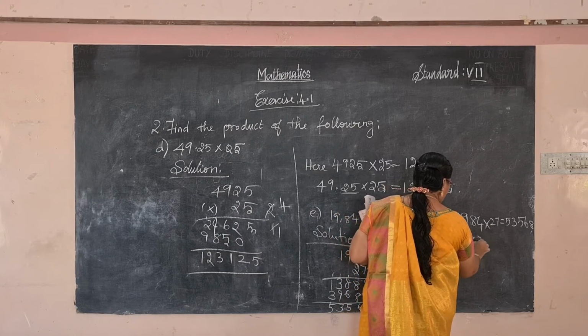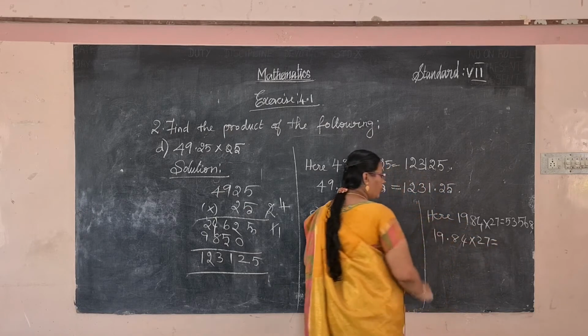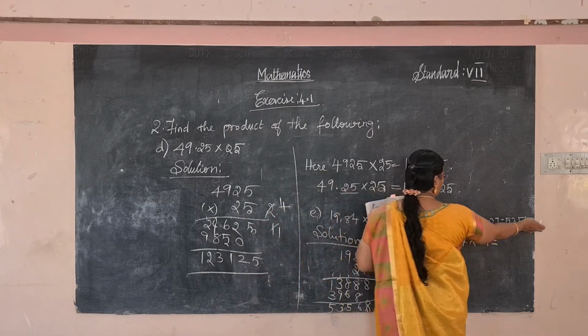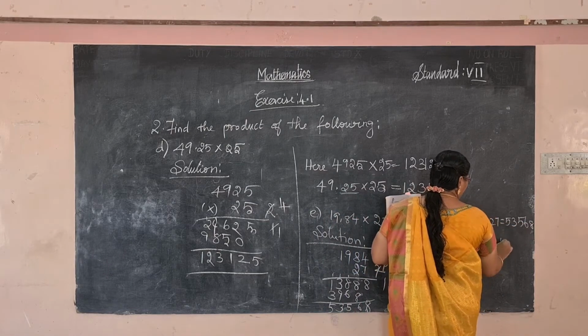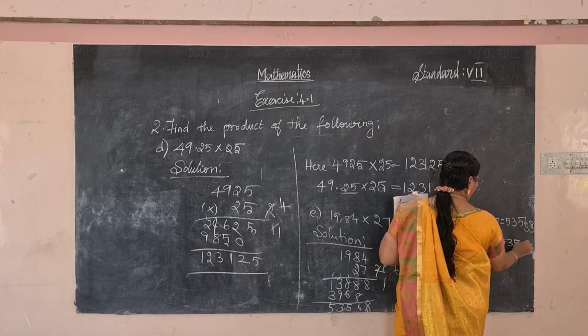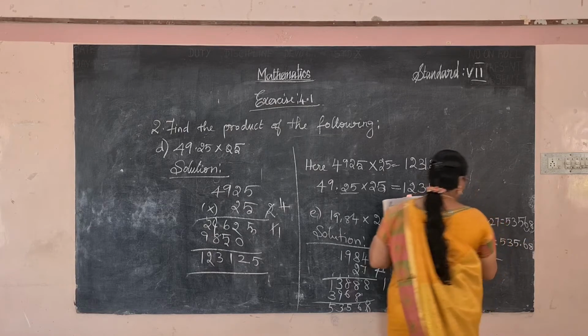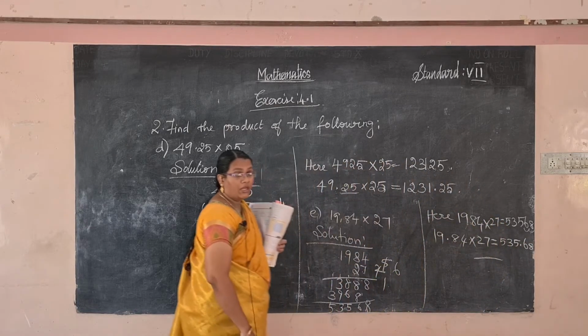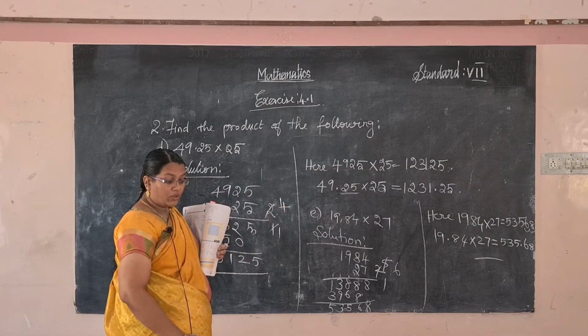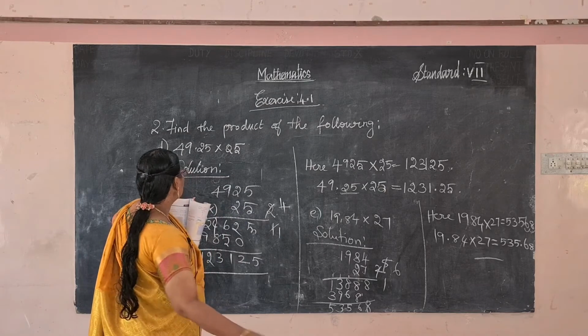After the decimal point, how many decimals are there? 2 decimals. So the decimal point is shifted from the right side. So 535.68 is the answer for this problem. Okay, do you understand this concept? I hope you all understood. Move to the next question.